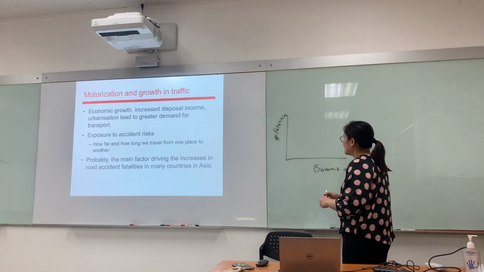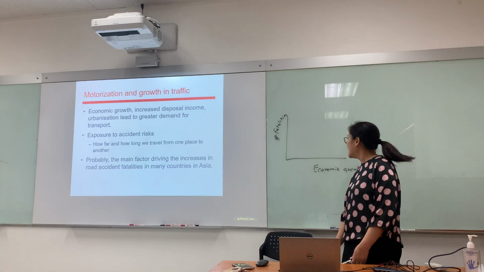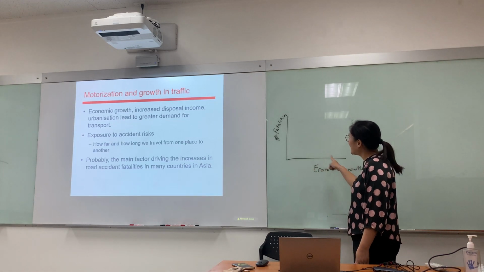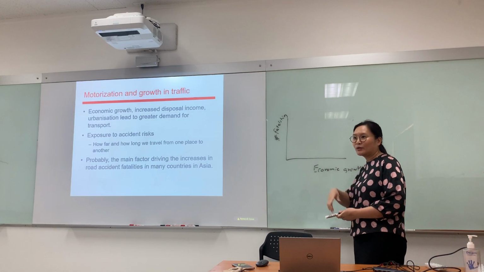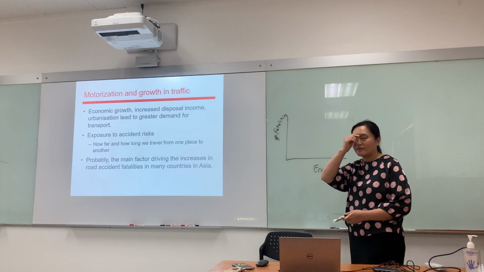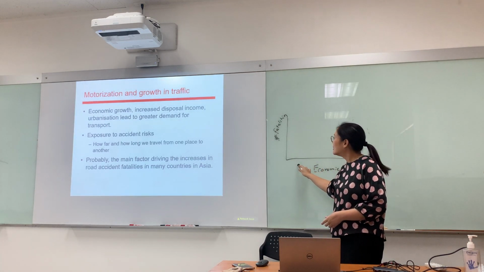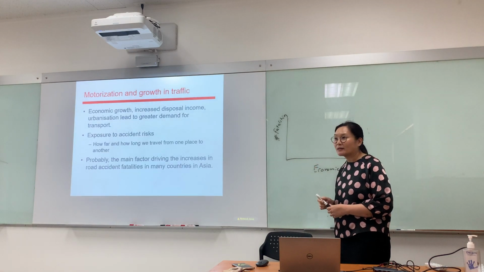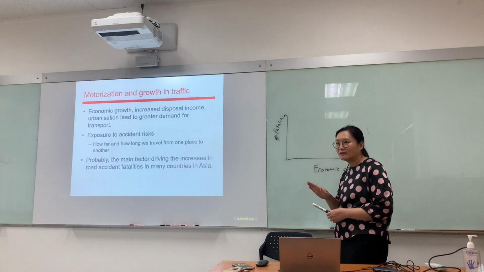So what is the relationship if I need to draw a graph? The relationship between economic growth rate and number of fatalities due to road accidents. What do you think it should be? What shape? If the economy grows more, do you think fatality is going to be what? Huh? Less?